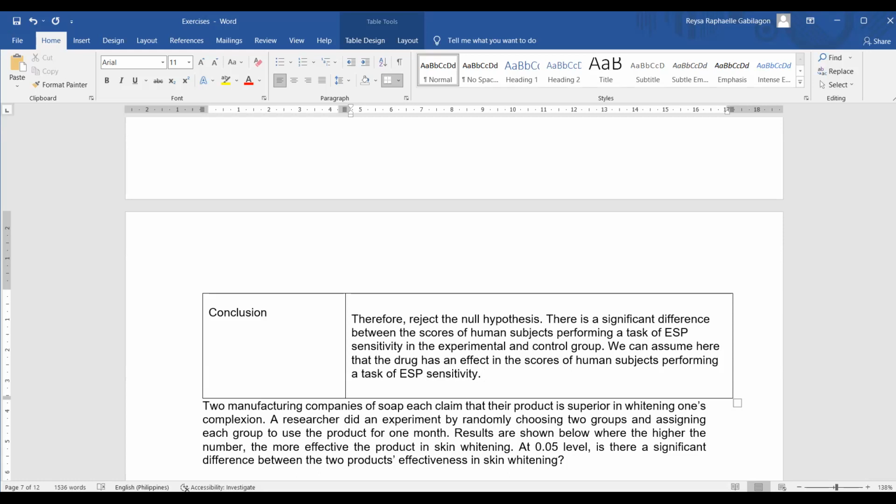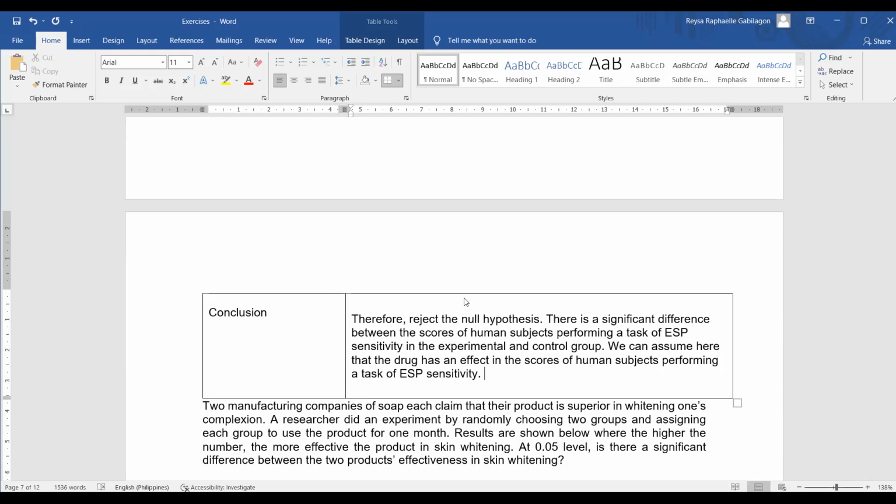So, makaka-assume talaga tayo na merong activity yung drug. So, you can write your conclusion as like this one. Aside from stating that you are going to reject the null hypothesis, ano yung next? Pag na-reject mo yung null hypothesis, merong significant difference between the scores, and then again, we can assume that the drug has really an effect on that certain test.